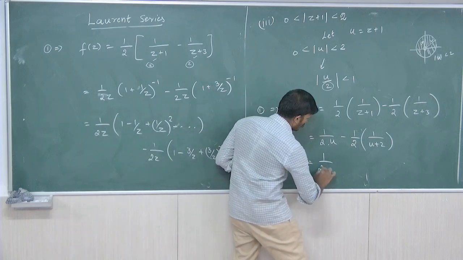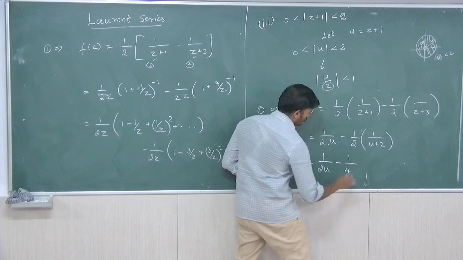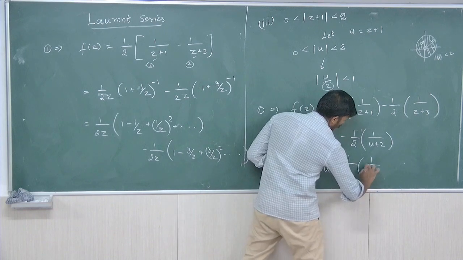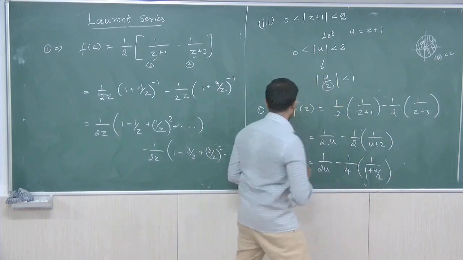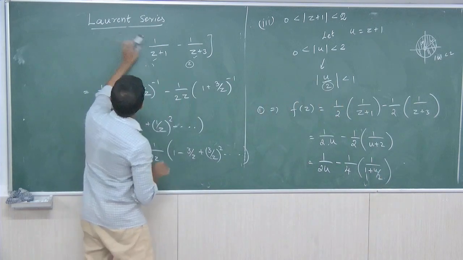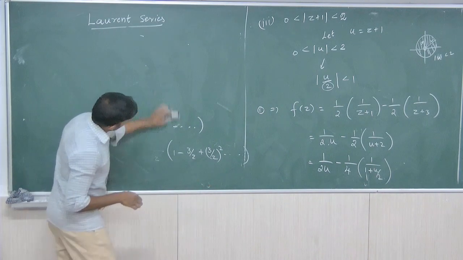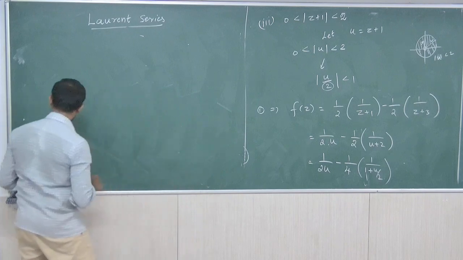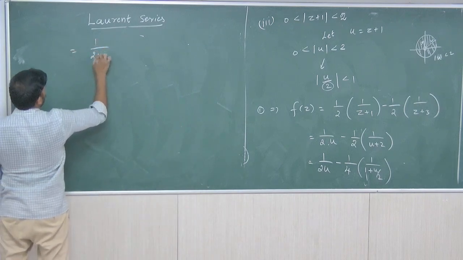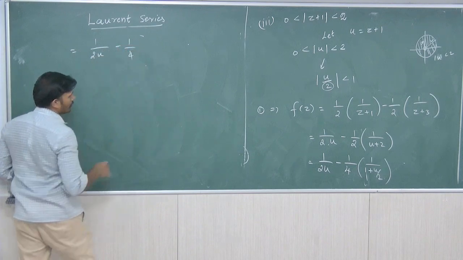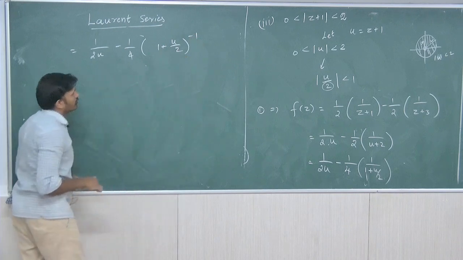So 1 by 2u minus, taking 2 common, 1 by 4 into 1 by (1 plus u by 2), that is 1 by 2u minus 1 by 4 into (1 plus u by 2) whole power minus 1.